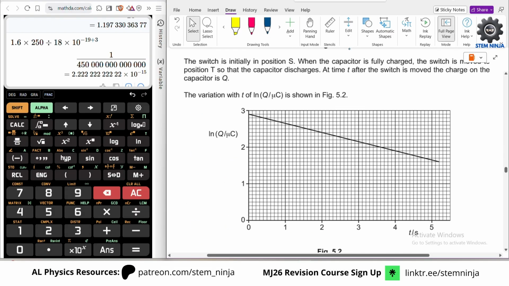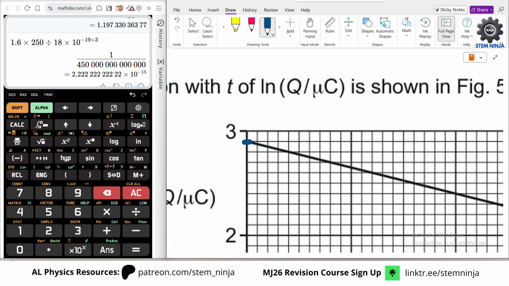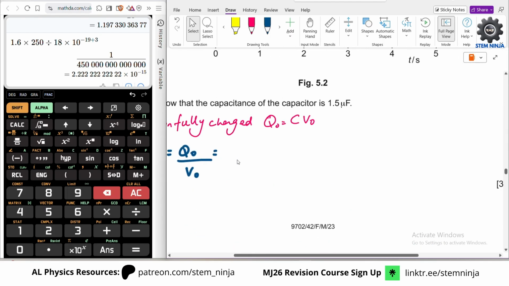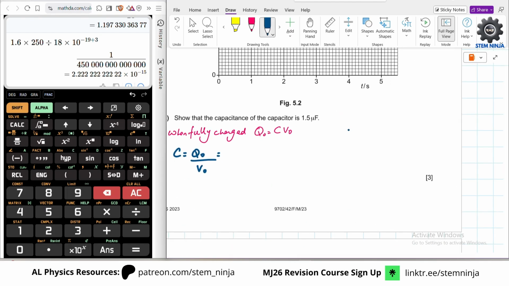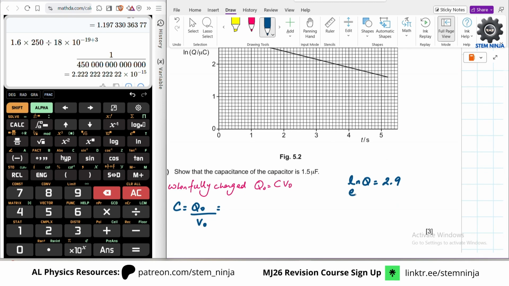The maximum charge starts from 2.9. This is already ln Q, so ln of Q naught is 2.9, which means we need to reverse that.